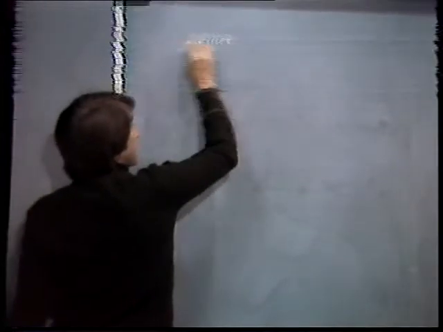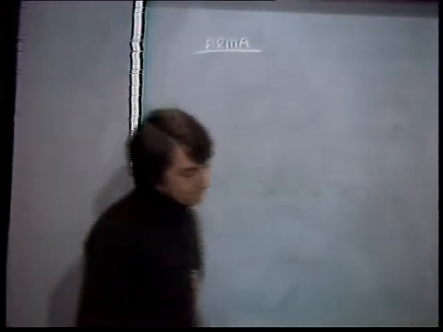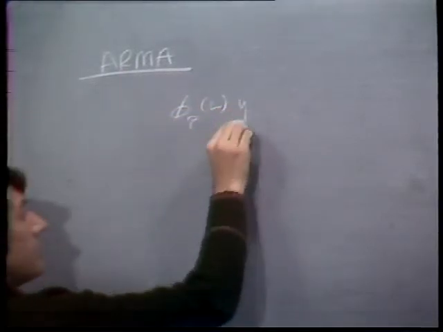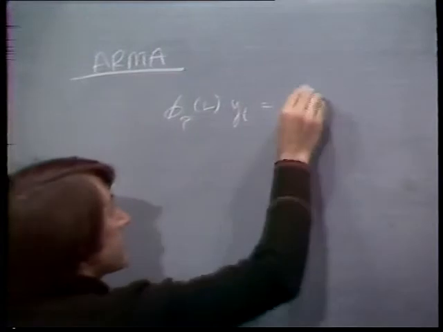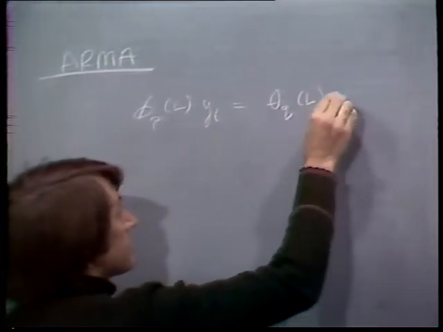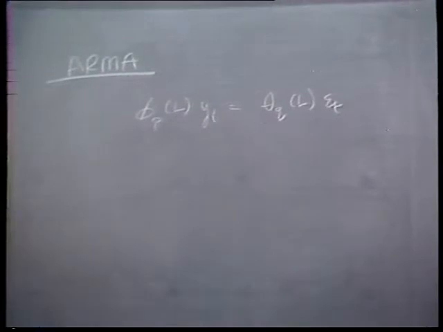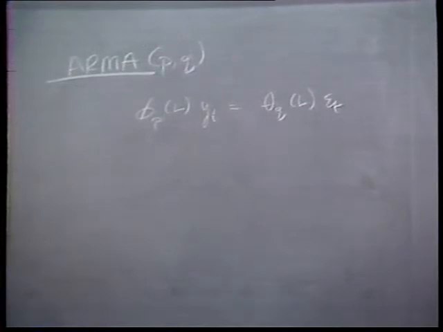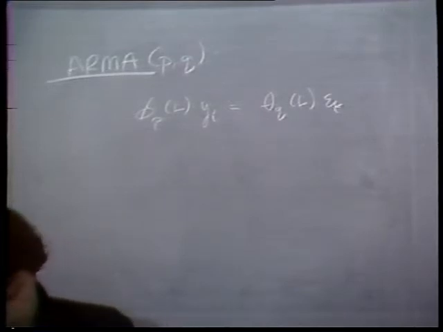Another area is that of pure time series analysis of ARMA models. If we consider the ARMA p,q model, there have been suggestions as to how to determine p and q, in particular by Box and Jenkins and their advocates and followers.